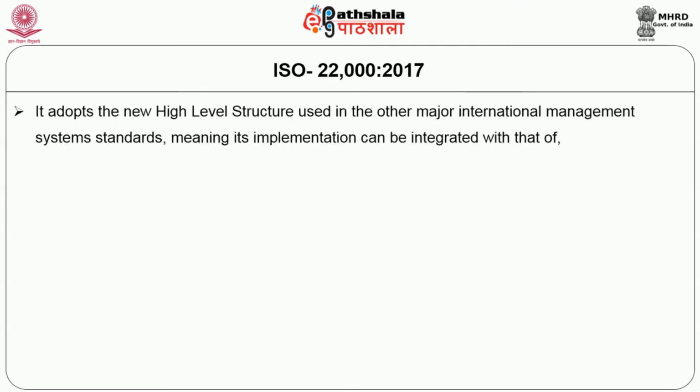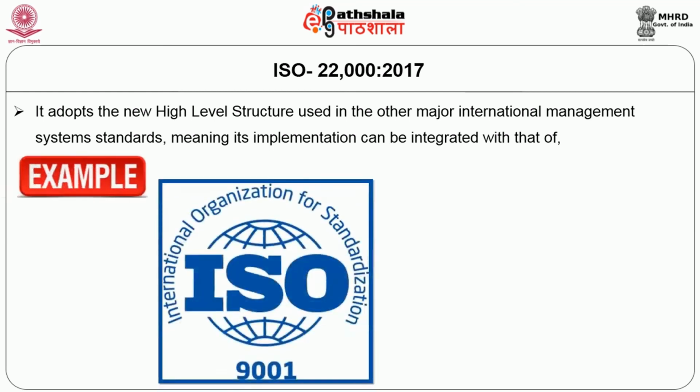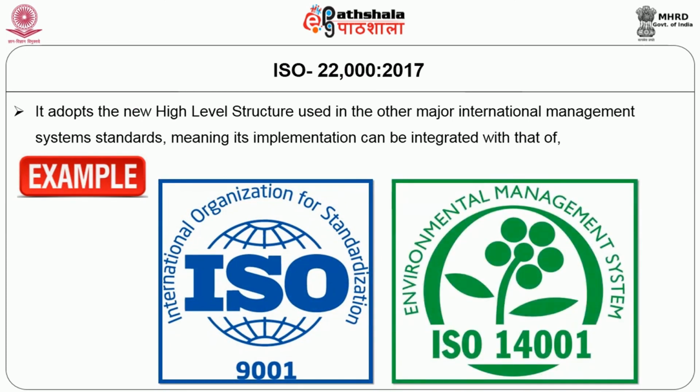ISO 22000-2017 adopts the new high-level structure used in the other major international management standards, meaning its implementation can be integrated with that of ISO 9001 on quality management and ISO 14001 on environmental management.